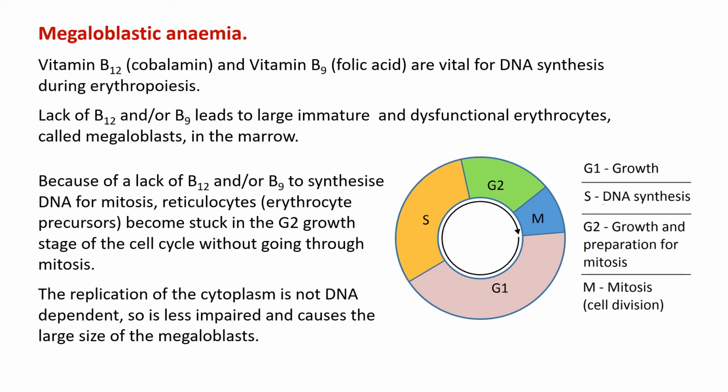The replication of the cytoplasm is not DNA dependent, so it is less impaired. And this is what gives them this large size. This is why they become megaloblasts, because they've reproduced all the organelles and the cytoplasm to make a new cell, but they can't go through to mitosis.